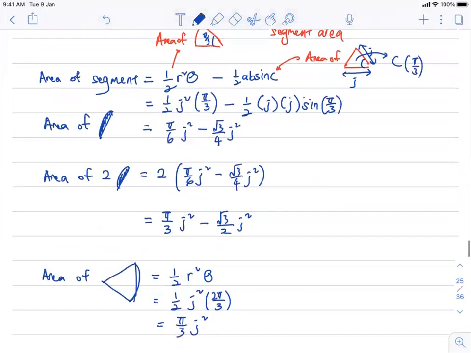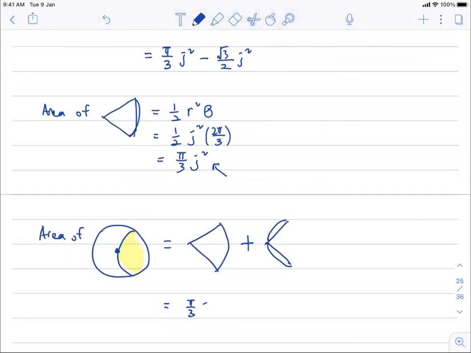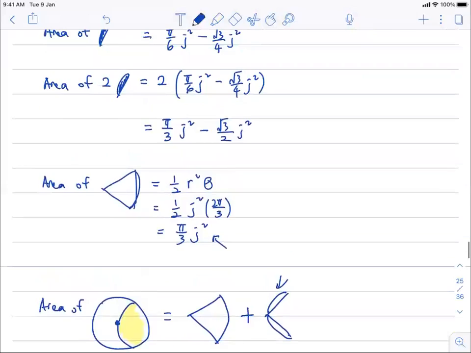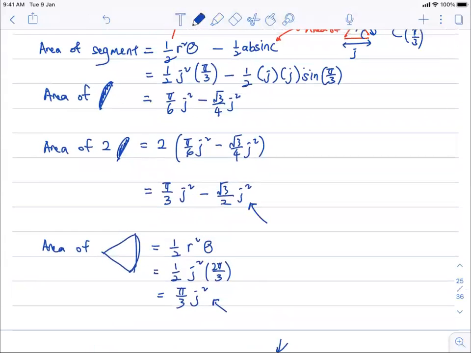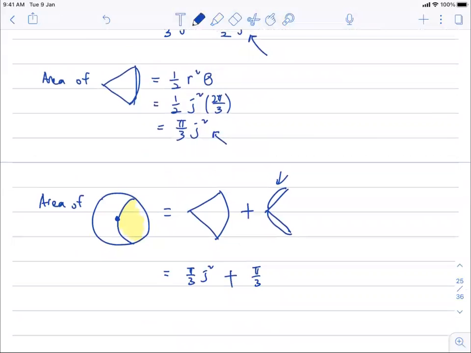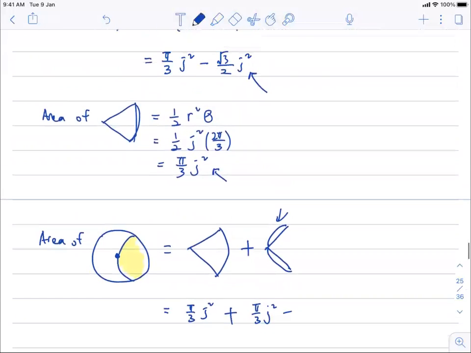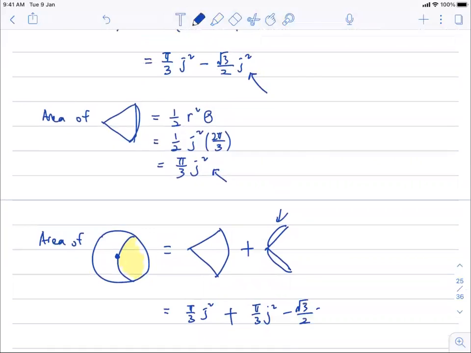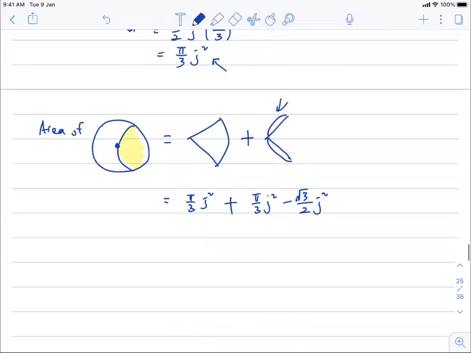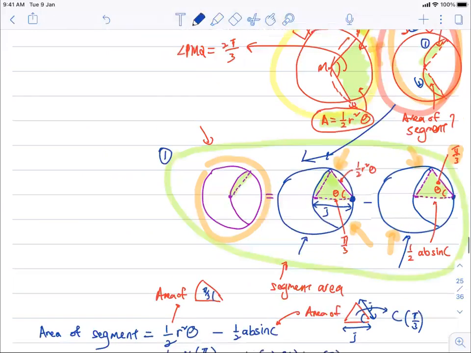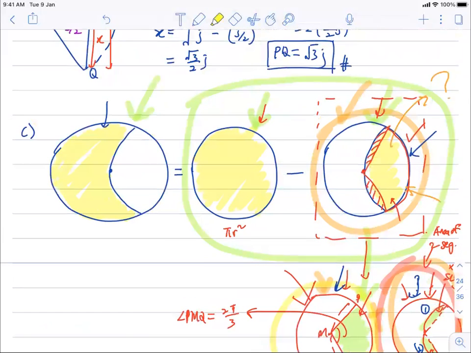So pi over 3 J squared plus the area of two segments, which is pi over 3 J squared minus root 3 over 2 J squared. Equal to 2 pi over 3 J squared minus root 3 over 2 J squared. Okay. Now we have got the area for this guy.